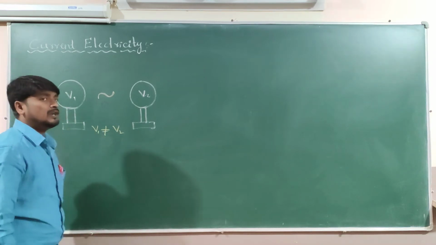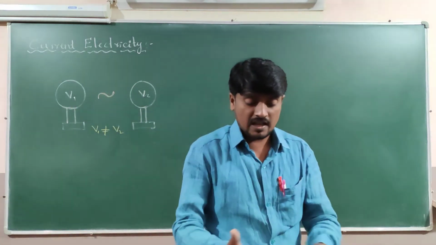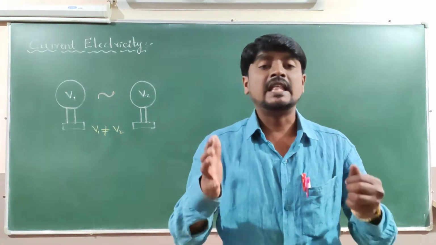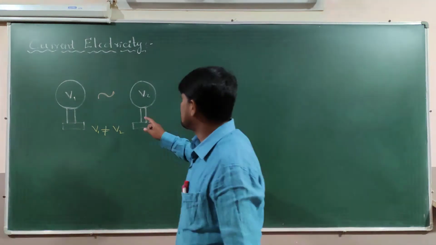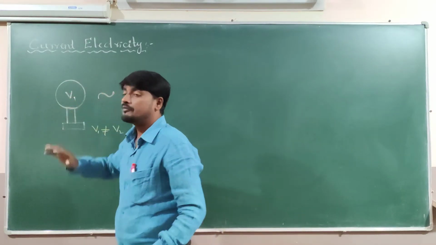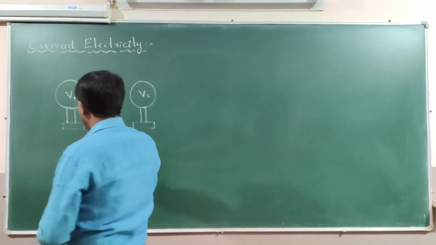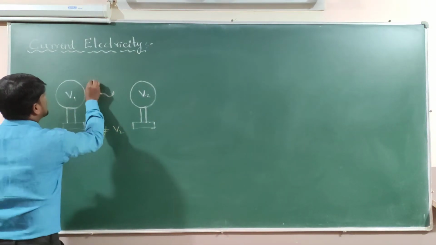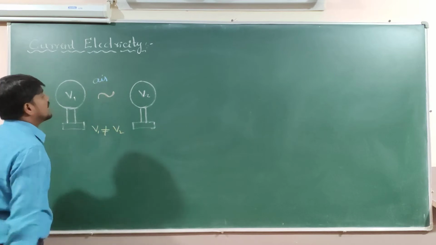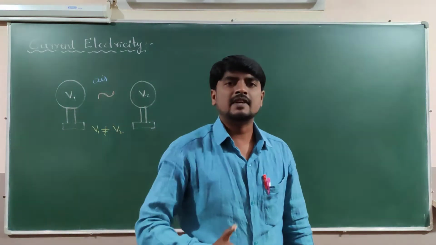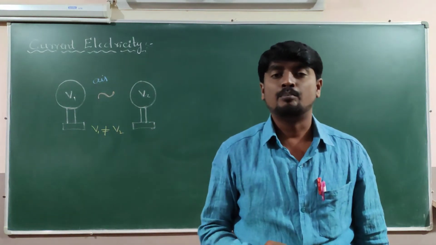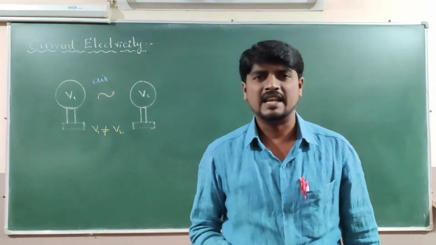So if V1 and V2 are not equal and they are kept apart in space, the charges from one metal sphere to another metal sphere will not flow because there is an insulator here. This insulator is nothing but air. Already in the previous chapter I talked about this, polar dielectrics and non-polar dielectrics.